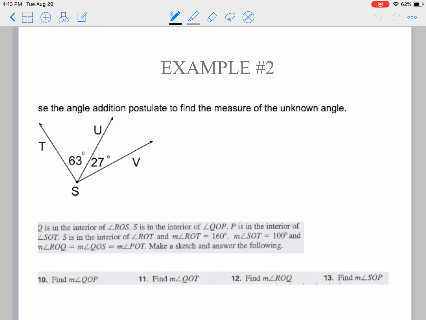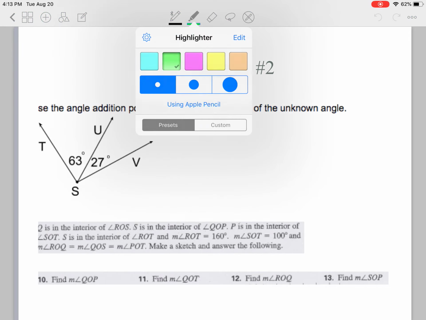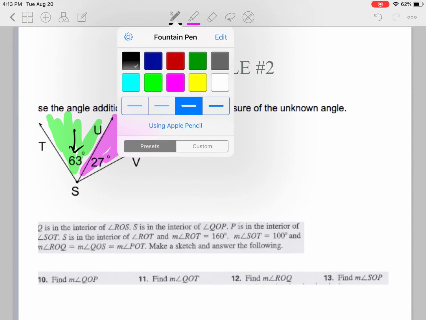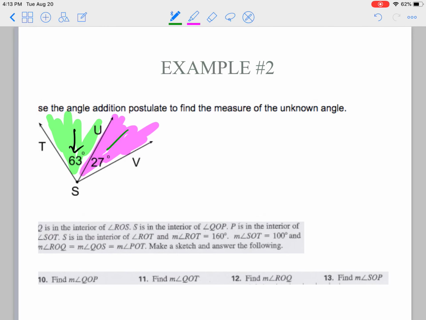So example number 2. Use the angle addition postulate to find the measure of the unknown angle. Okay, so now we have two different angles with two different interiors. One has a measure of 63 and the other has a measure of 27.